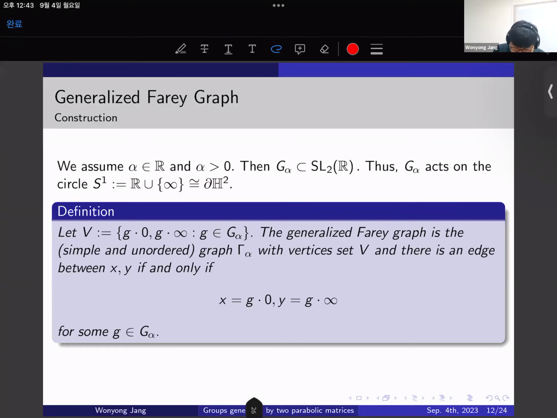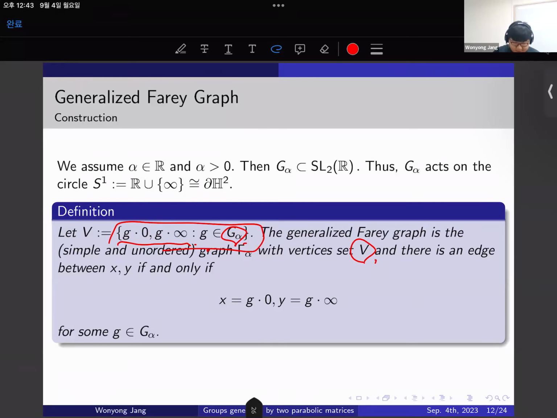Let V be the set of the G alpha orbit of 0 and infinity. Then we define the generalized graph as follows. Its vertex set is V.